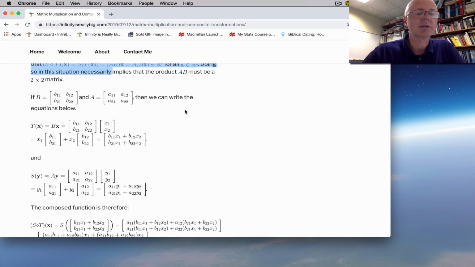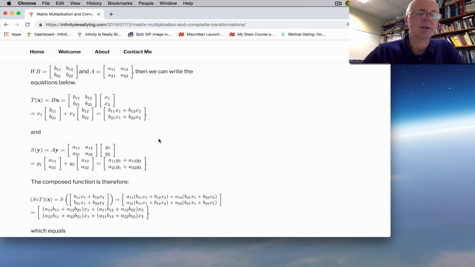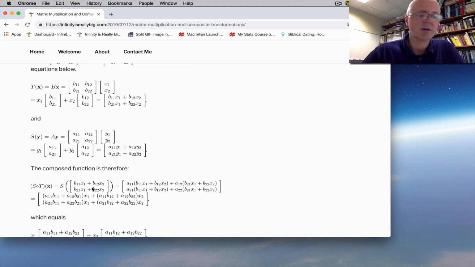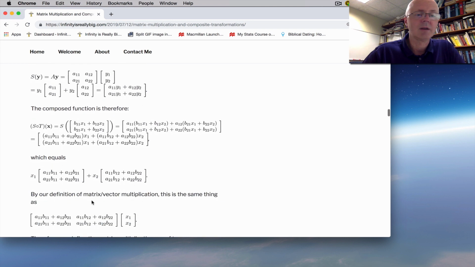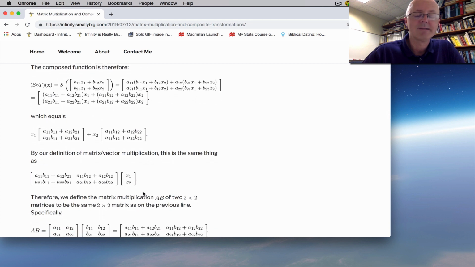So I've got general matrices here, general calculations involving linear combinations of columns with entries of a vector as the weights. Then I'm plugging one function into the other and getting some complicated looking things. You should double check these calculations. There, at the end, we ultimately can say it's a linear combination of a couple column vectors, so it can be thought of as this product.